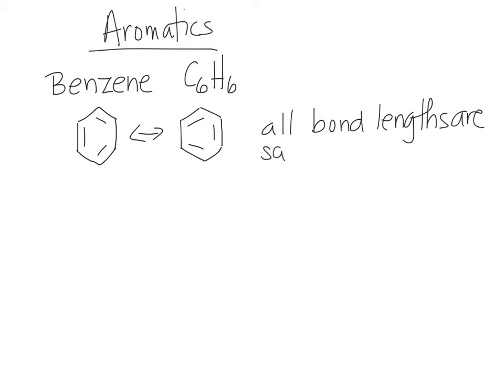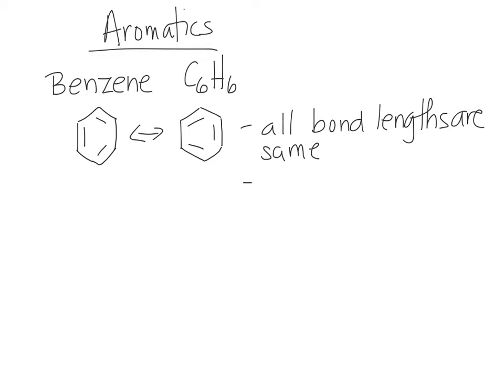So they're not alternating single and double bonds, but they're somewhere in between. But these types of bonds are the reason for its stability. So they know that something is going on.